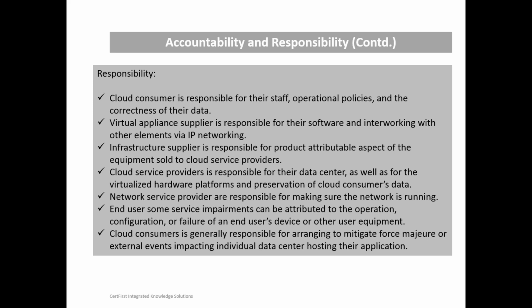So when something goes down, a load balancer, a server, or electricity, the respective vendors are responsible for that. When a load balancer goes down, the manufacturer of the load balancer is responsible. When electricity goes down, the electricity vendor is responsible, right? So responsibilities are split up. Amazon cannot be held responsible for everything if something goes down, right? That's what this slide says.